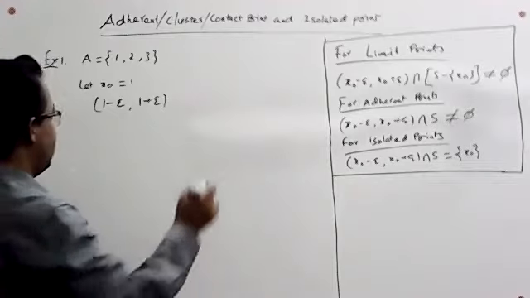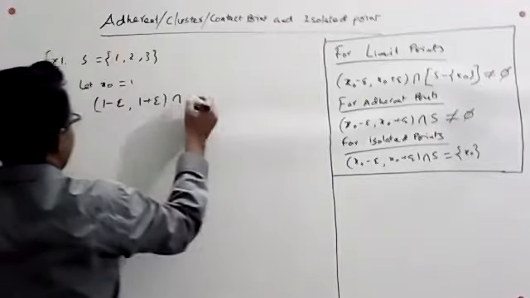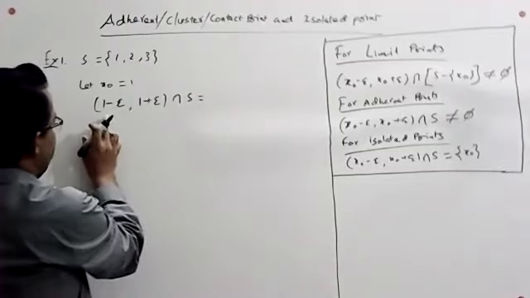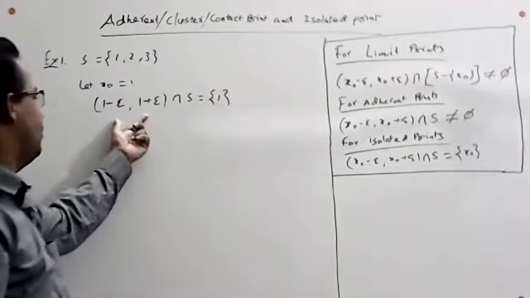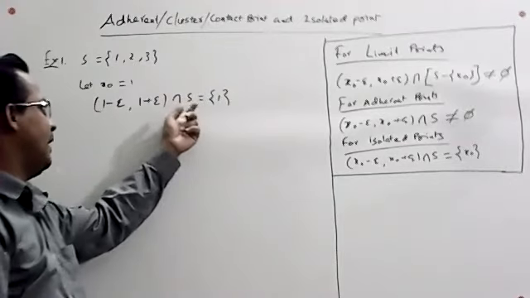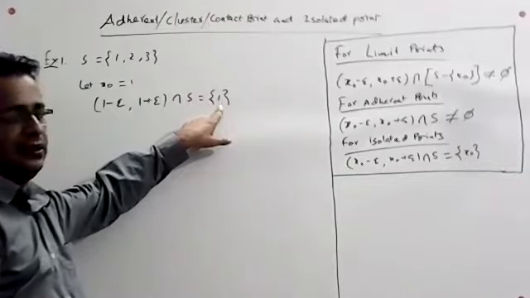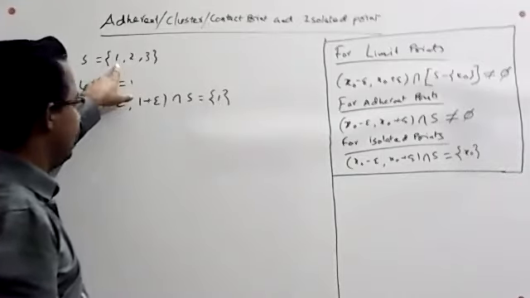If we intersect it with the set S, we get only one number, which is 1. The intersection of this interval around 1 and S results in only the singleton set {1}, and 1 is included in this set.